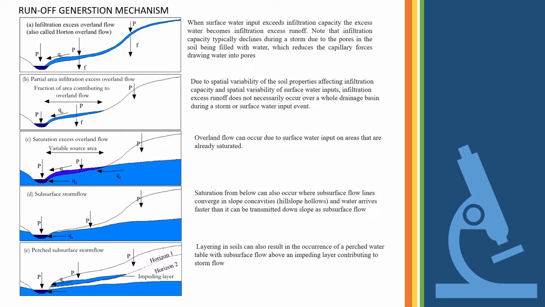Due to spatial variability of the soil properties affecting infiltration capacity and spatial variability of surface water inputs, infiltration excess runoff does not necessarily occur over the whole drainage basin during a storm or surface water input event. Overland flow can occur due to surface water input on areas that are already saturated.